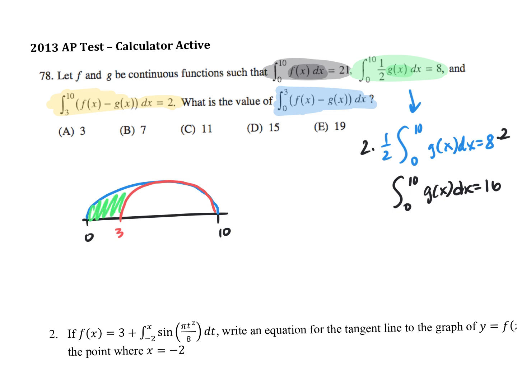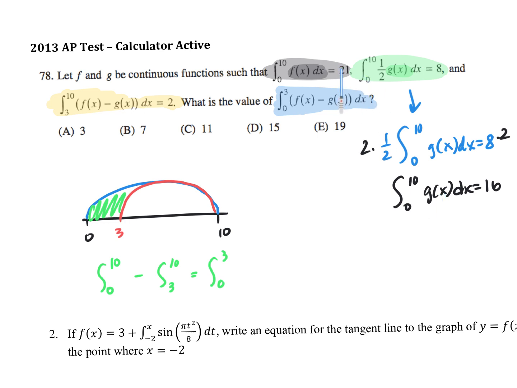Yeah, so we want to do 0 to 10 minus 3 to 10. That's going to get me 0 to 3. To your point, hold up, we've got to do F minus G, right? Do we know 0 to 10 of F minus G? What would that get us?